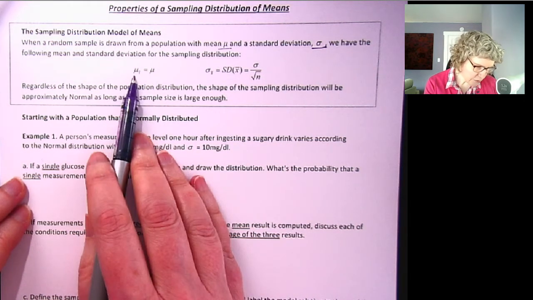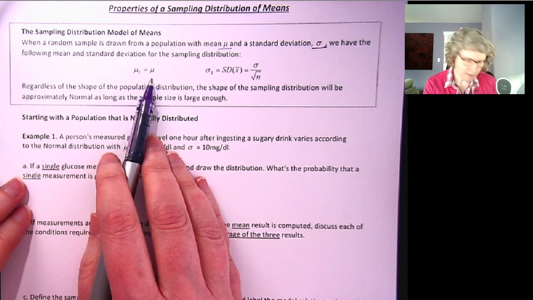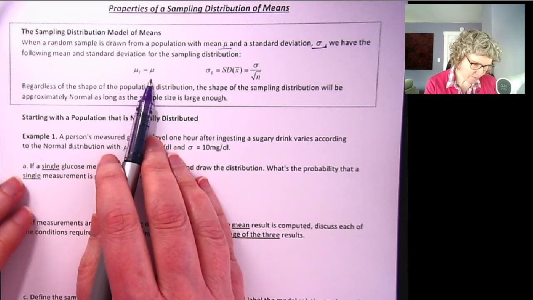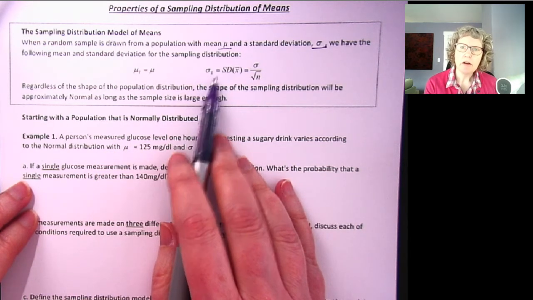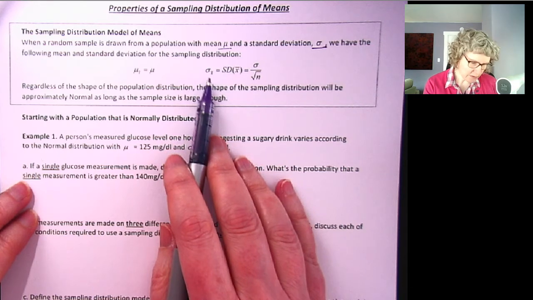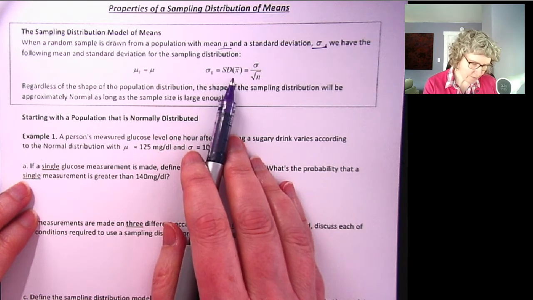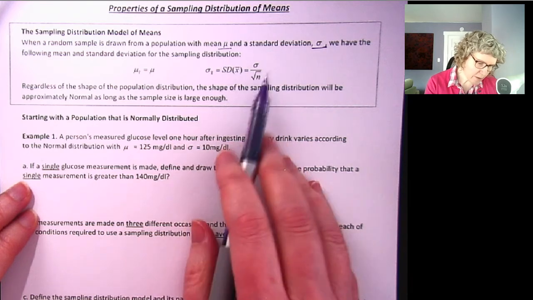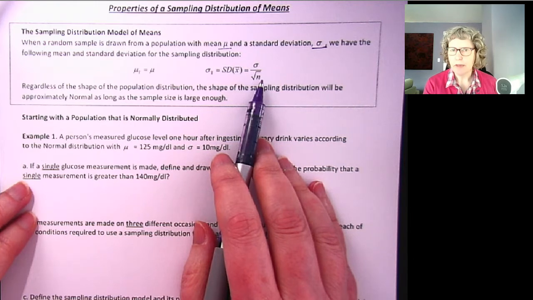So mu sub x bar, the mean of the means, is the same as the original population mean. And then the standard deviation of our average of random samples, we can use sigma or SD for that. That is sigma, the original standard deviation, divided by the square root of n.